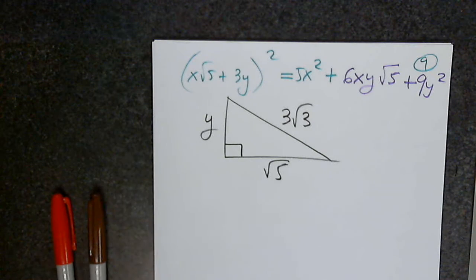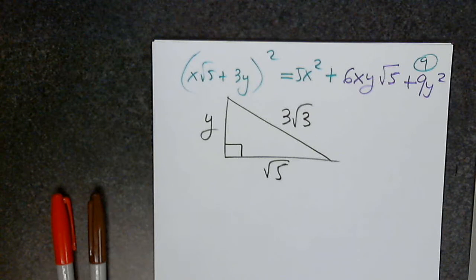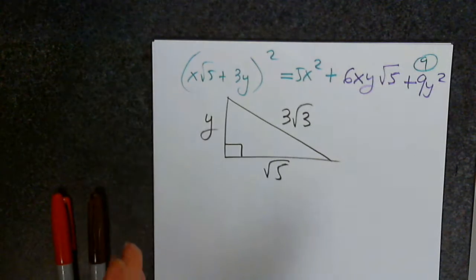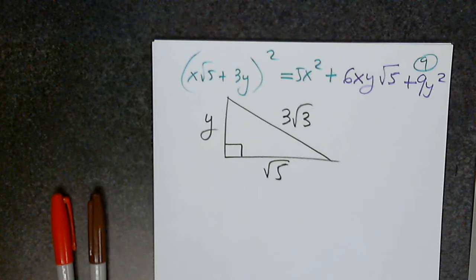What do I have to write? And please don't say a squared plus b squared equals c squared, because I don't know which one is the leg, which one is the hypotenuse. So we have to specifically say what we have to write for this situation. What will you dictate? Just tell me what you would write.